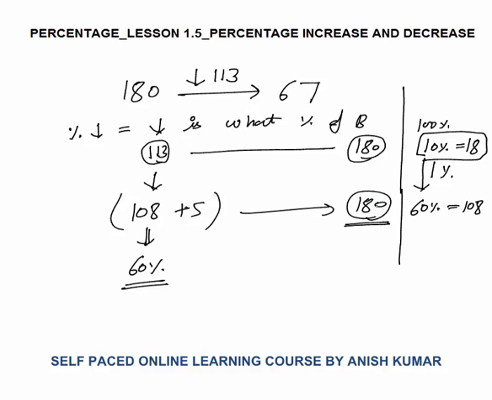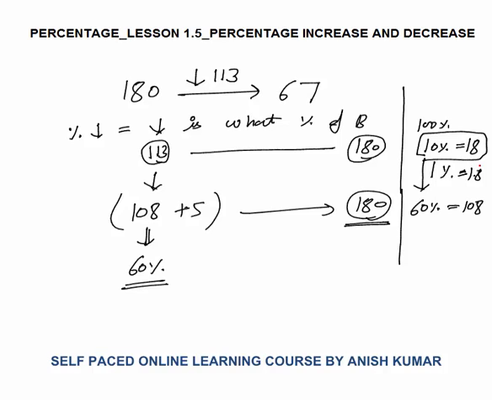How did I reach there? That you will learn by practice. So this is 60% plus 5 is what percentage of 180. Now 1% of 180 is 1.8. Now 5 is between 2 and 3%, because 2% of 180 would be 3.6 and 3% would be 5.4.